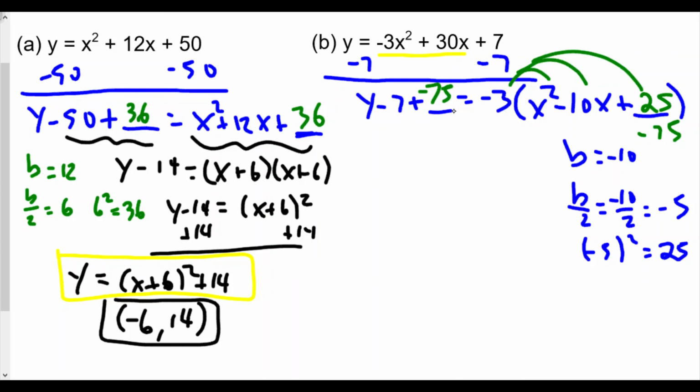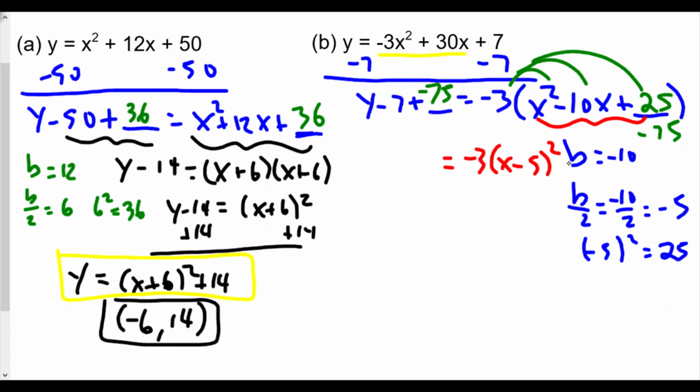All right, so I factor this part inside here, which we know should be x minus 5 squared. So it becomes -3 times x minus 5 squared. What happens? Well, I just factored x squared minus 10x plus 25 is x minus 5 times x minus 5, which is x minus 5 squared, times -3 because it's still -3 multiplying everything on the right side.